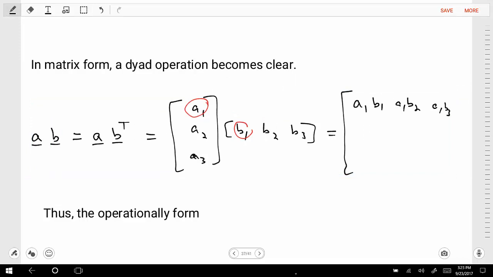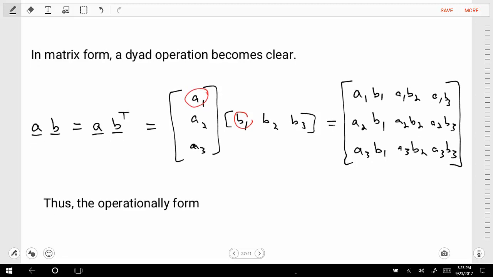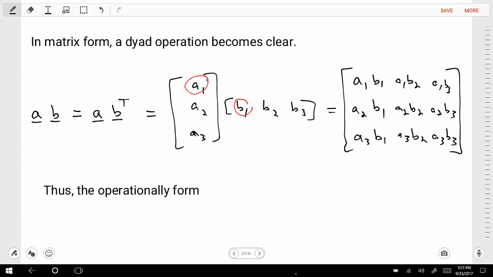If we repeat this process, we can build up this dyad tensor, and then finally A3, B1, A3, B2, A3, B3. So now we've got this idea in our head of how to perform a dyad, and also that in order for this operation to work, we've got to do rows versus columns to build up this tensor.